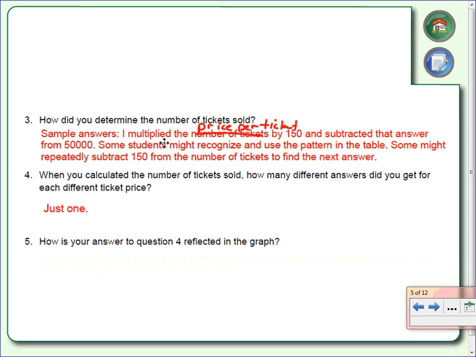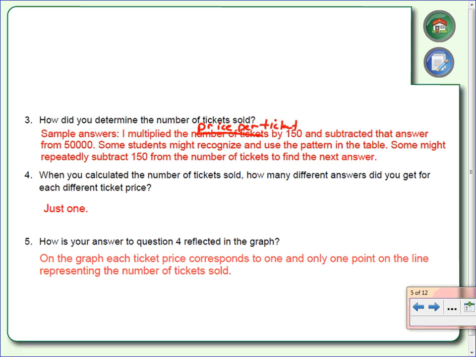Number 5. How is your answer to question number 4 reflected in the graph? Here it is. On the graph, each ticket price corresponds to one and only one point on the line representing the number of tickets sold.